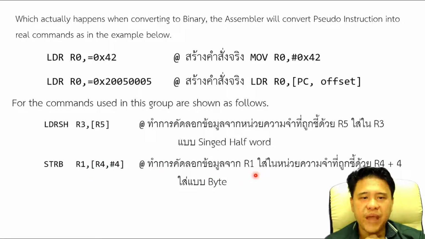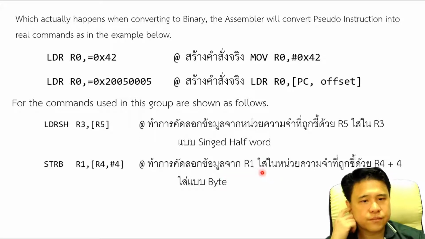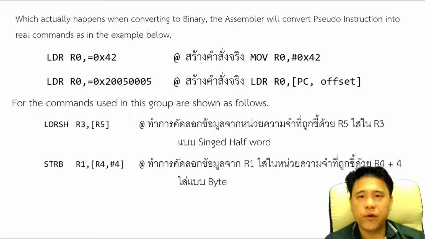This one will copy the value of R1, because this is store, right? Copy the value from R1 and store it into memory that is pointed to by R4 plus 4. And you have a B here, it means that you place just 8 bits, not all 32 bits. And you can see here, there is no sign after this, and there is no post-index style. It means that R4 does not change its value after this command.